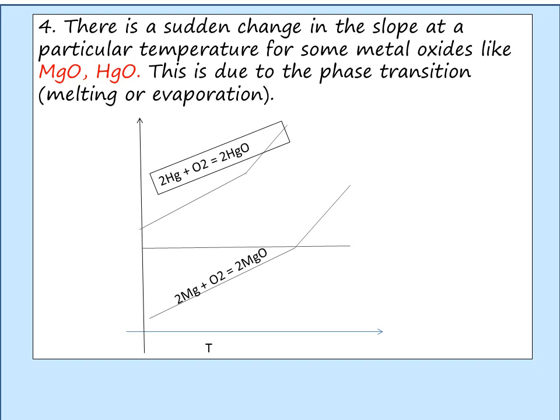So there is a sudden change in the slope of the graph at a particular temperature, which is called the phase transition temperature, or the change is called a phase transition. Metal oxide, which might be in solid state, would have become liquid, or liquid would have become gas. That phase transition is shown in this graph.